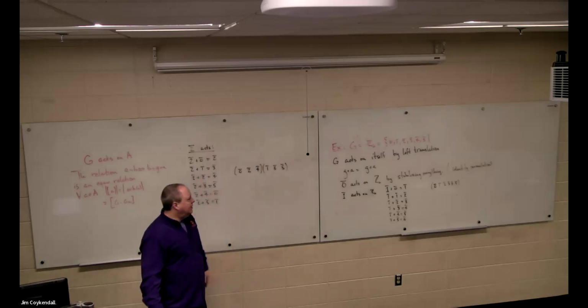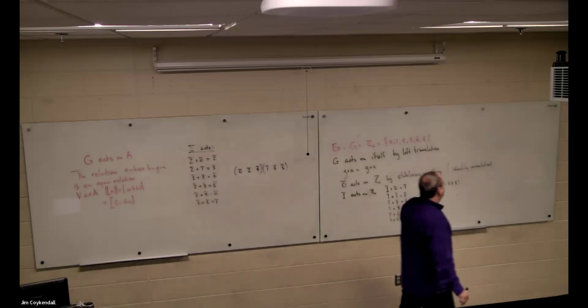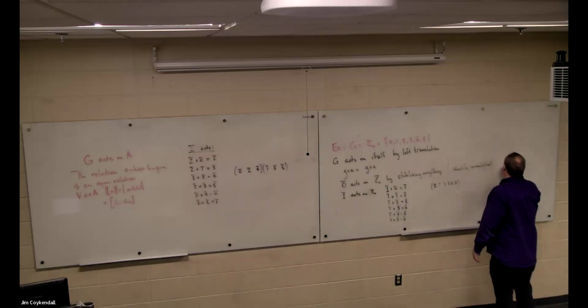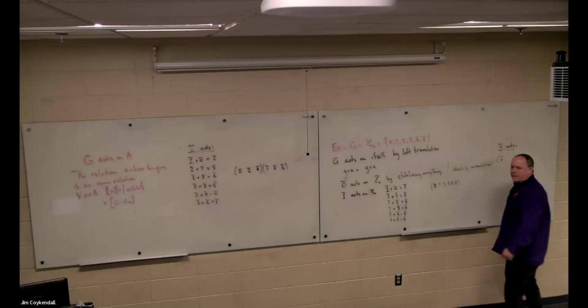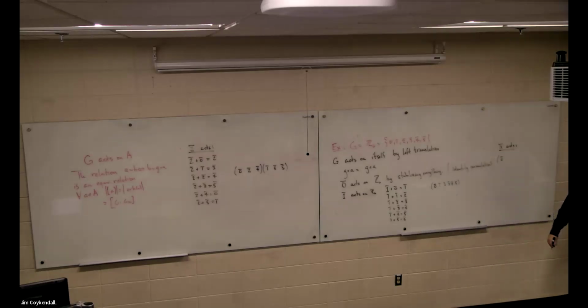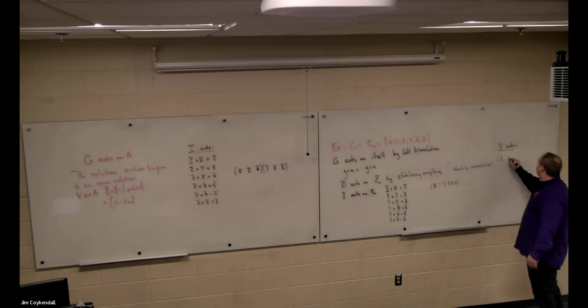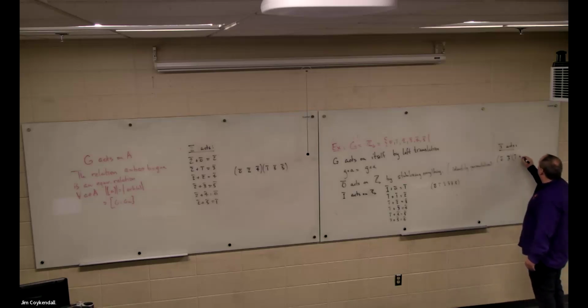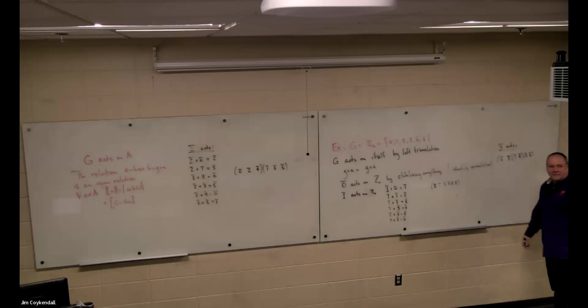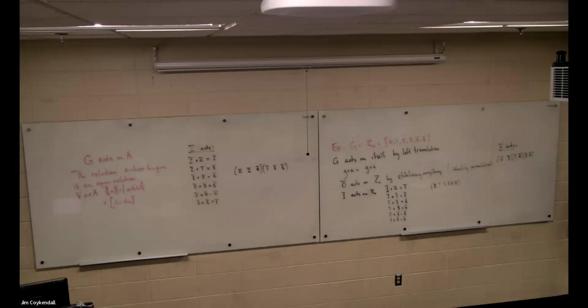Anybody want to guess what 3 bar does? Actually, maybe we can do this just like we did the permutation. Where would 0 bar go when I act by 3 bar? Okay, pick up where he left off. Where does 3 bar go? Right. Y'all see the pattern here?